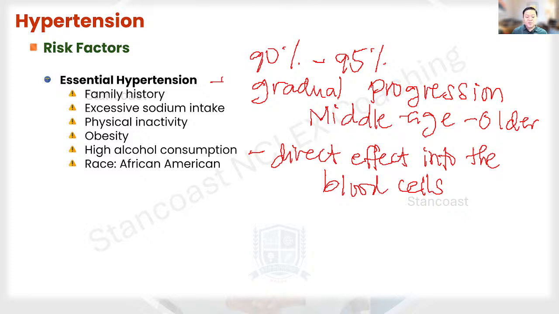Now, cigarette smoking is another one where it can also damage the blood vessels. The nicotine has that vasoconstrictive effect. And we also have hyperlipidemia, of course. High cholesterol can contribute to atherosclerosis and plaque formation, and lead to hypertension.